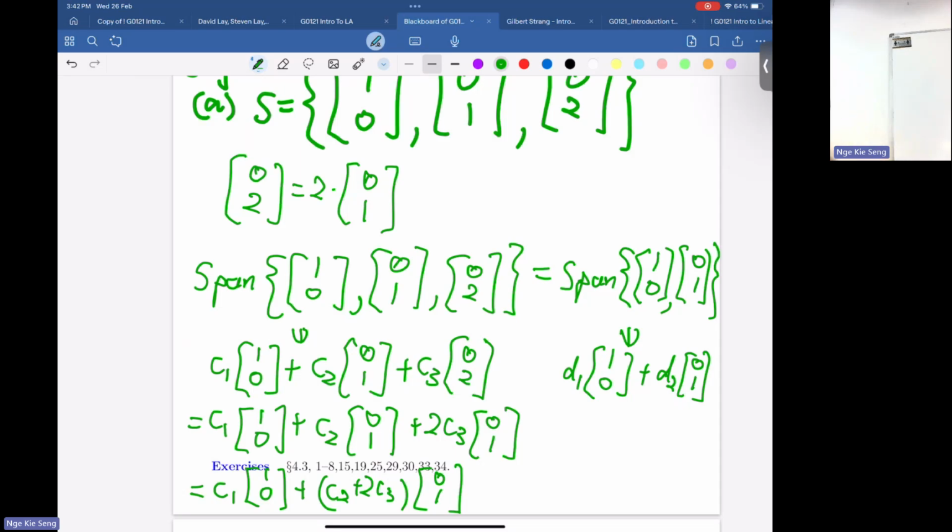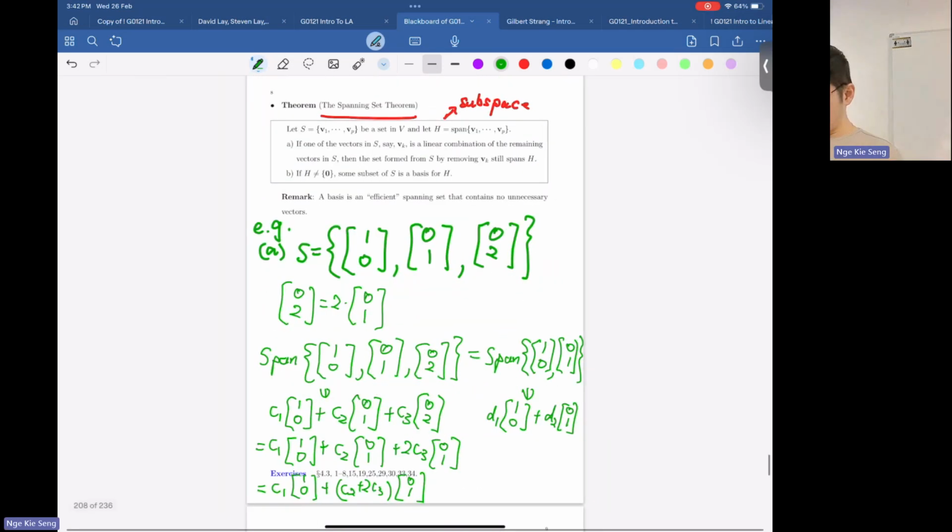Similarly, you can go from right to left, right? You can just use this to cook out an extra 0, 2. So you can go left to right, right to left, so they are equal. This is the content of the first part here.